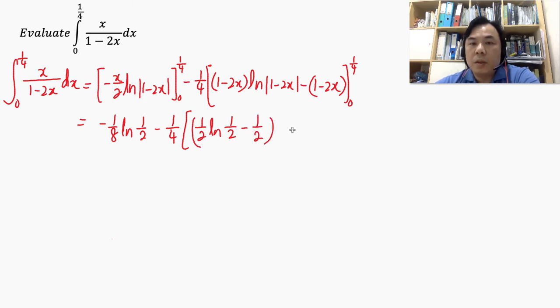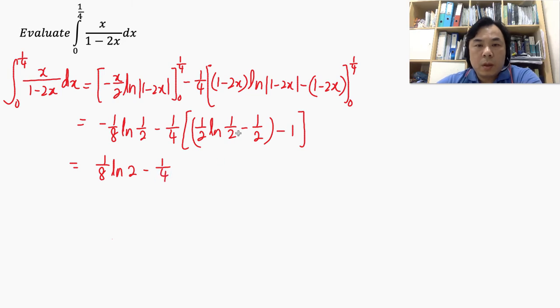That's my first, and then after that I'm going to substitute my lower bound. If I put my lower bound here, this is 0, and then this one is a 1 here. Then after this I can simplify this. This is basically 1/8 ln 2, and then here I will get a -3/2. This one I can write down as -1/2 ln 2 - 3/2.